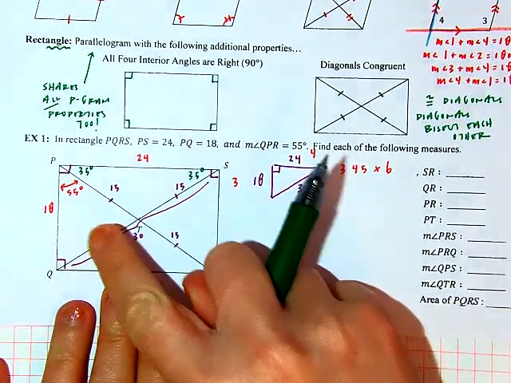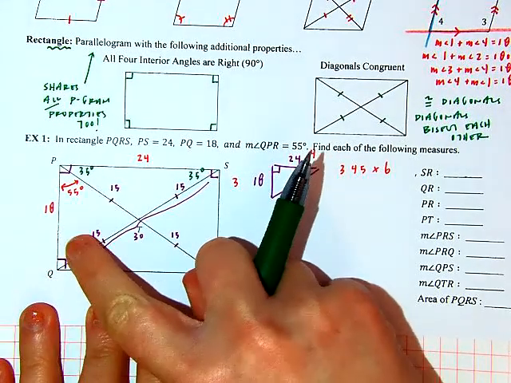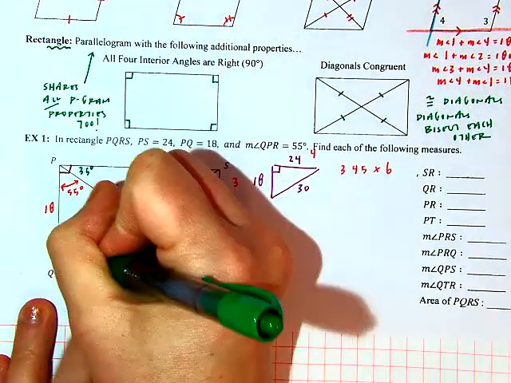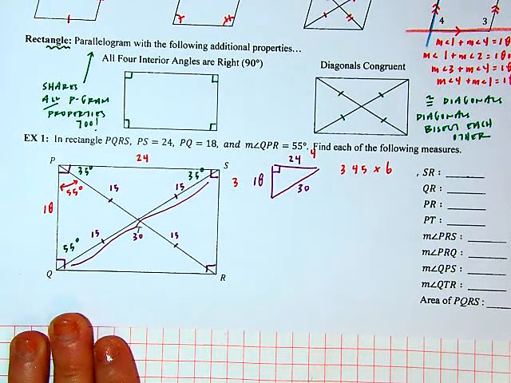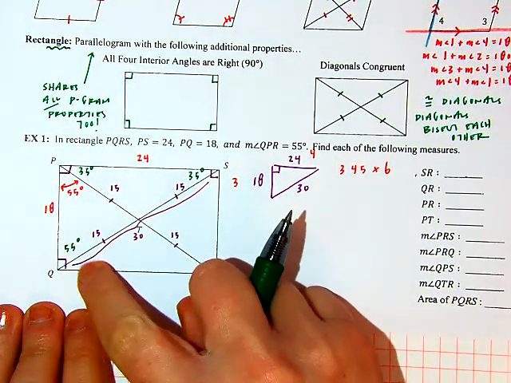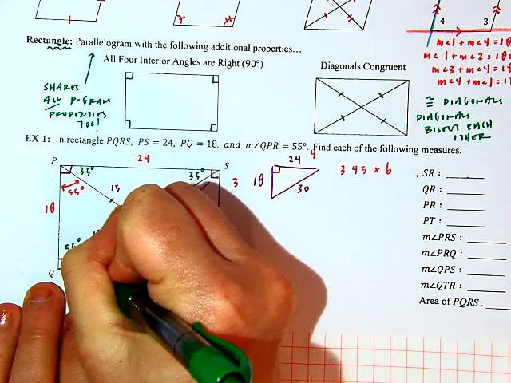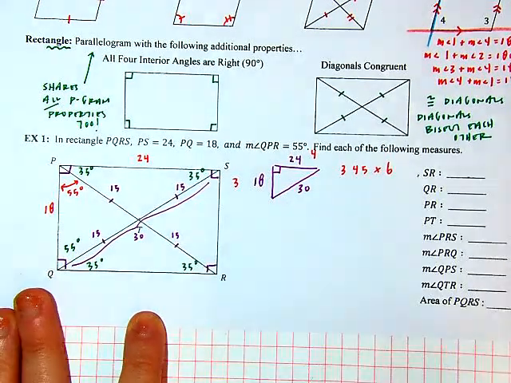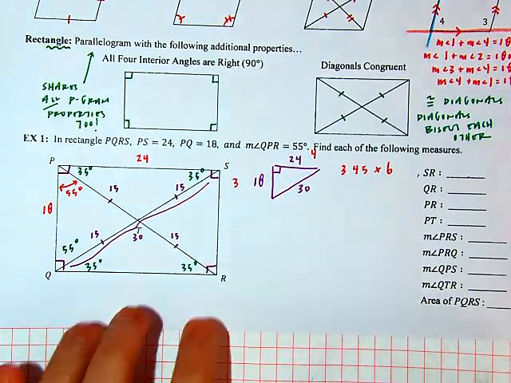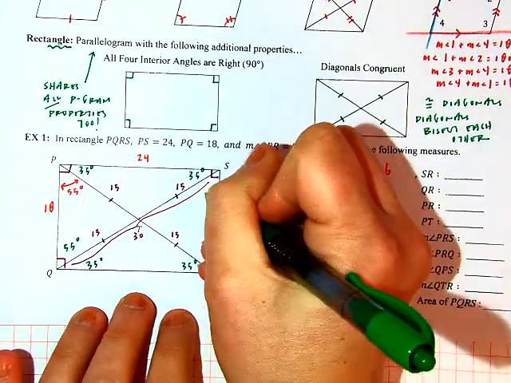Okay, for this isosceles triangle, the two base angles would both be 55. And as I work my way around, if that's 55, its complement would be 35. So I have a 35 here. Base angles are congruent. And then over here and here, they're both going to be 55.